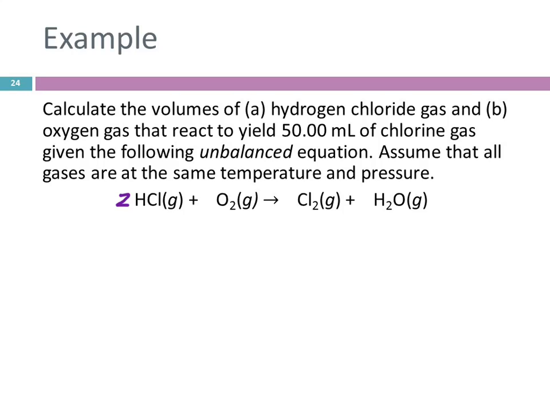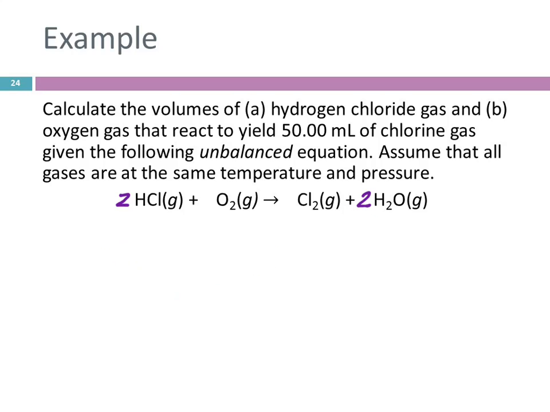Now let's look at the hydrogens. There's 2 hydrogens, there's 2 hydrogens, that's good. But oxygen, there's 1 oxygen here and there's 2 there. So that means I have to put a 2 in front of this one to balance out the oxygens. When I change the oxygen, I change the hydrogen. Now I've got 4 hydrogens.